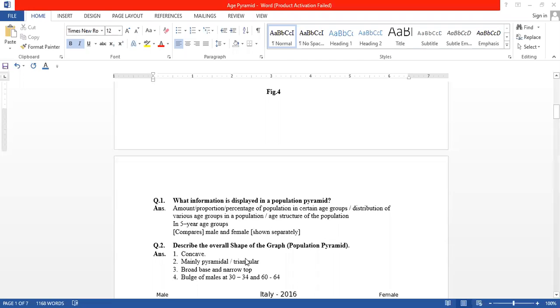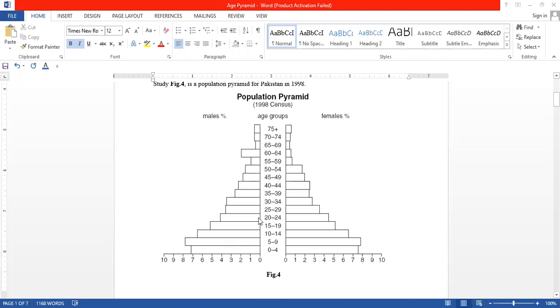The next question is, describe the overall shape of the graph or population pyramid. My dear students, this overall shape is a different question from question number 1. The overall shape is triangular or concave.